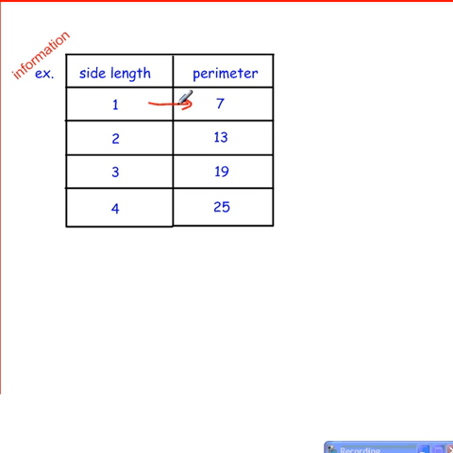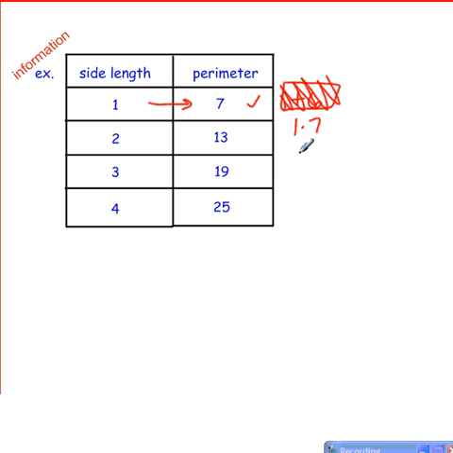Well, I could add 6 to it. I could multiply 1 times 7 to get that. So I'm going to try to take some of this information and see if it connects with the next stage. So let's take this one, adding 6. 1 plus 6 would give me 7, so that would check off. Let's go here. 2 plus 6 would not give me 13, so that's got to go.